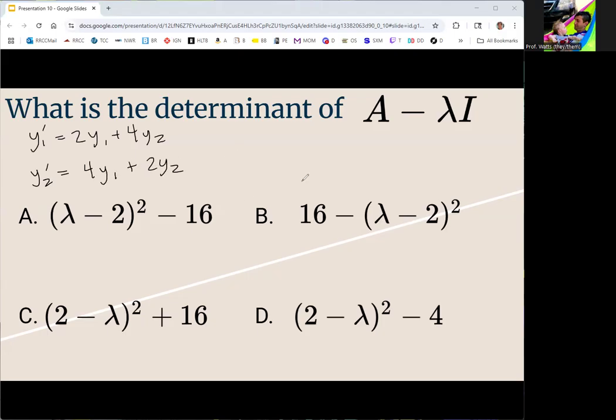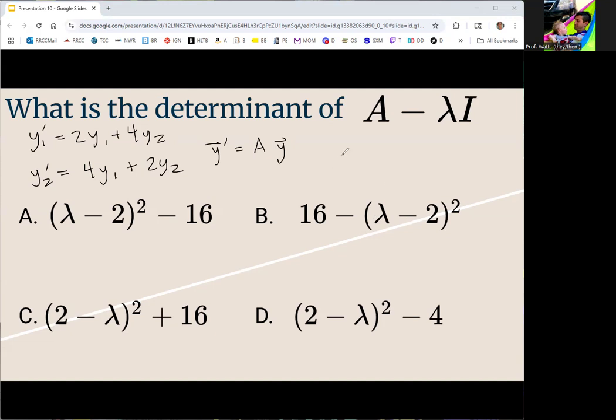All right. So turn that into y prime equals Ay. Determine A, find A minus lambda I, and then find the determinant of A minus lambda I. All right, go ahead and pause the video if you need more time.